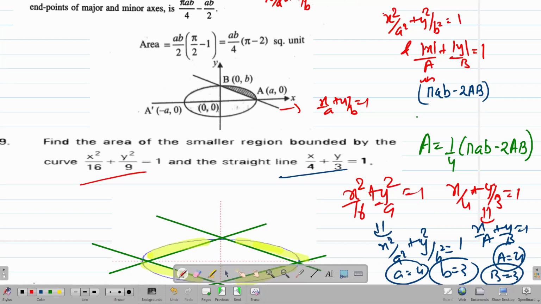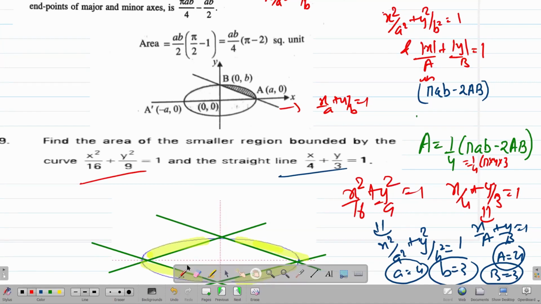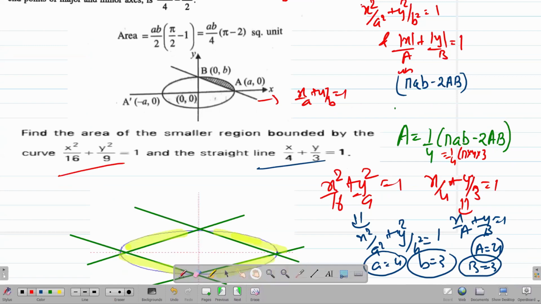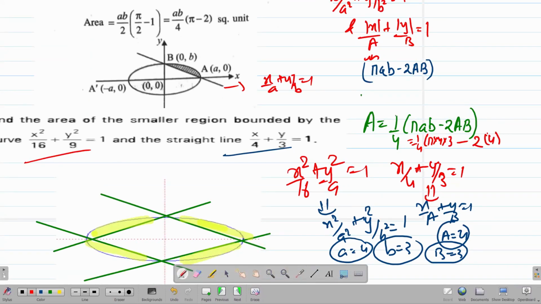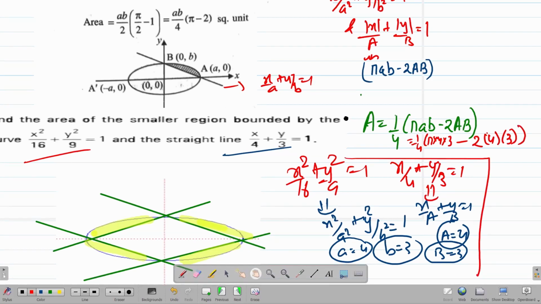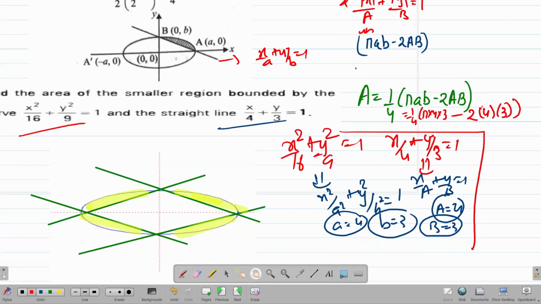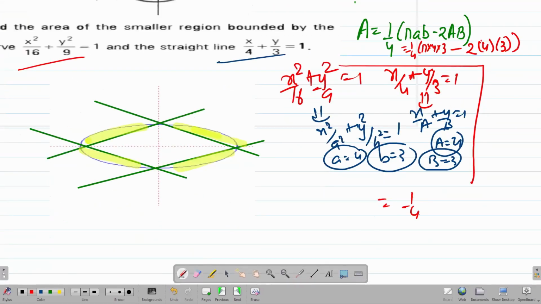We just substitute values here. Here I get 1 by 4 of pi into 4 into 3 minus 2 times 4 into 3. On further solving, my answer comes out to be 1 by 4 of (12 pi minus 24), and this is 3 pi minus 6 square units, which is the correct answer.